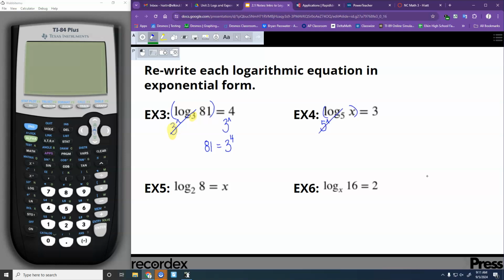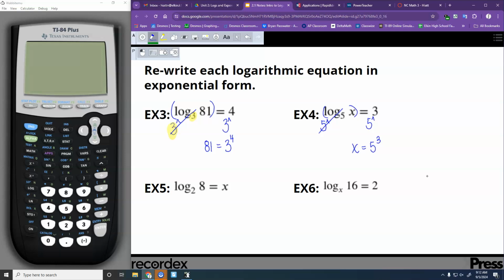Right, and that would get rid of the log. And if I do that to one side, I also have to do it to the other. 5 raised to that power. And so on that left side, everything's gone. Over here, I've got 5 to the 3rd. We're just rewriting right now, so we're not going to try to like find the answer or anything for that.